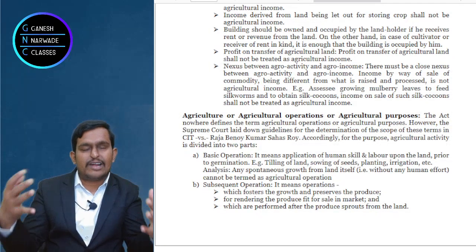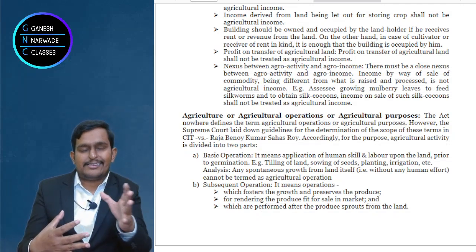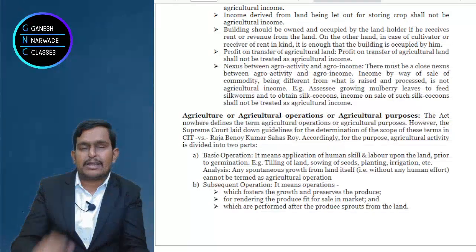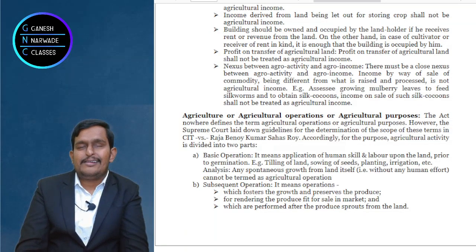And there were a lot of continuous fights between the taxpayers, the assessees, and the income tax departments. One of such fights happened in CIT, Commissioner of Income Tax. He filed the case, so we call him the plaintiff, versus Raja Benoy Kumar Sahas Roy.